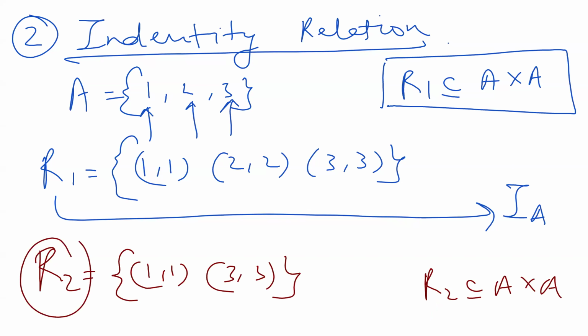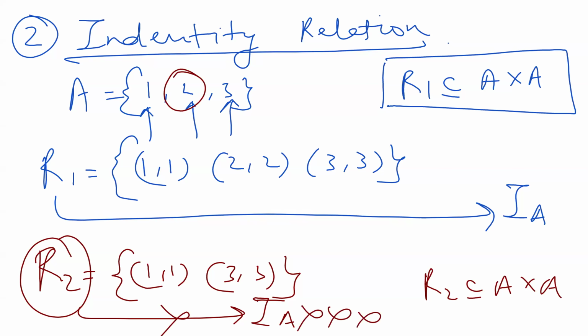Will you tell me, is R2 an identity relation on A? Yes or no? See, the point over here is this object 2 should be paired with itself. That is missing over here. So R2 is not an identity relation. Every object should be paired with itself. Each and every object. There shouldn't be any missing link.